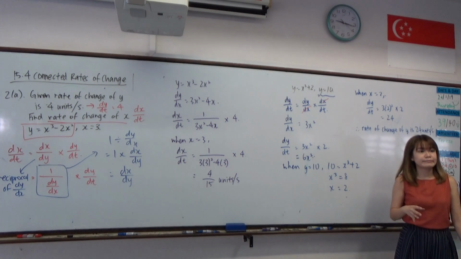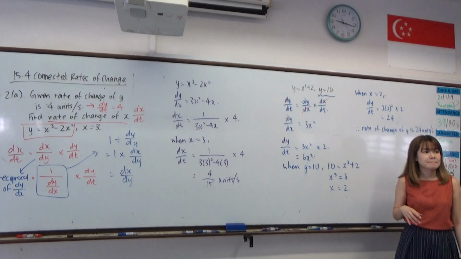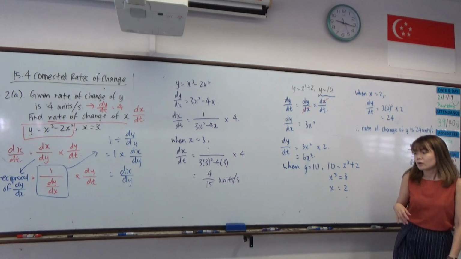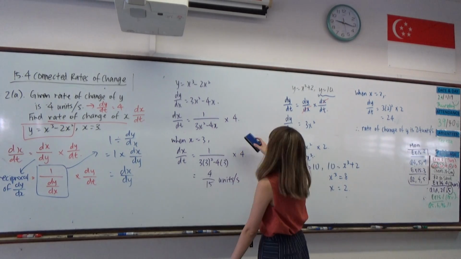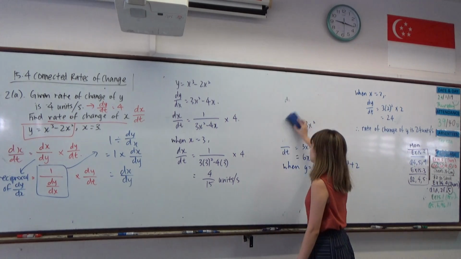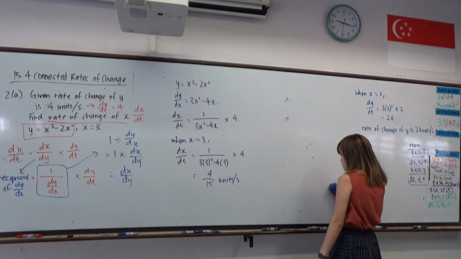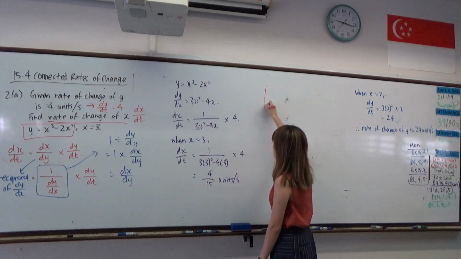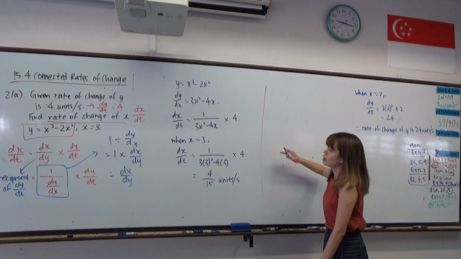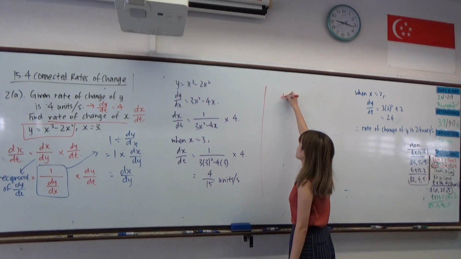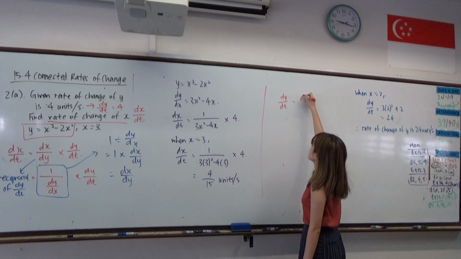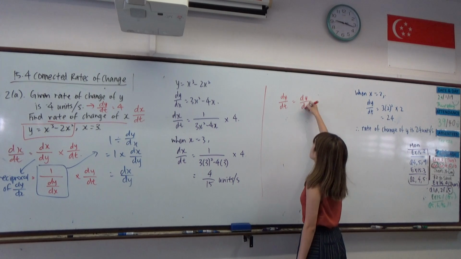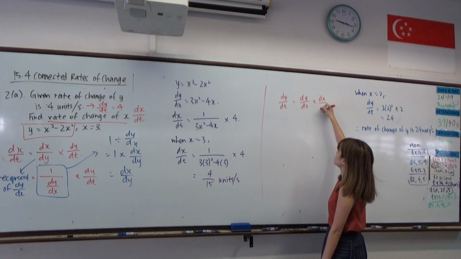Any questions? And why does this reciprocal idea actually work? Let me explain. We understand that dy over dt equals dy over dx times dx over dt.